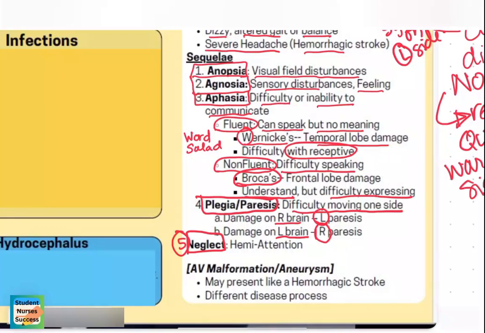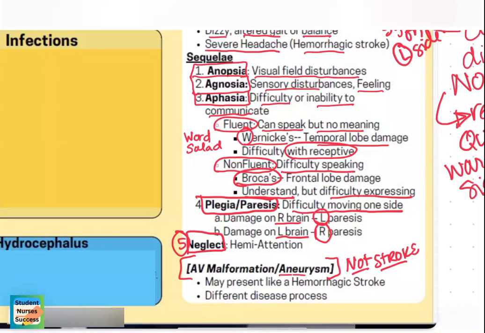Now, what I put down here in parentheses is something called an AV malformation or an aneurysm. Now, these are not strokes. I put them here because if you have an AV malformation, which is an arterial venous malformation in your brain, it's a tangle where arteries and veins kind of combine, and they may start to leak and bleed.